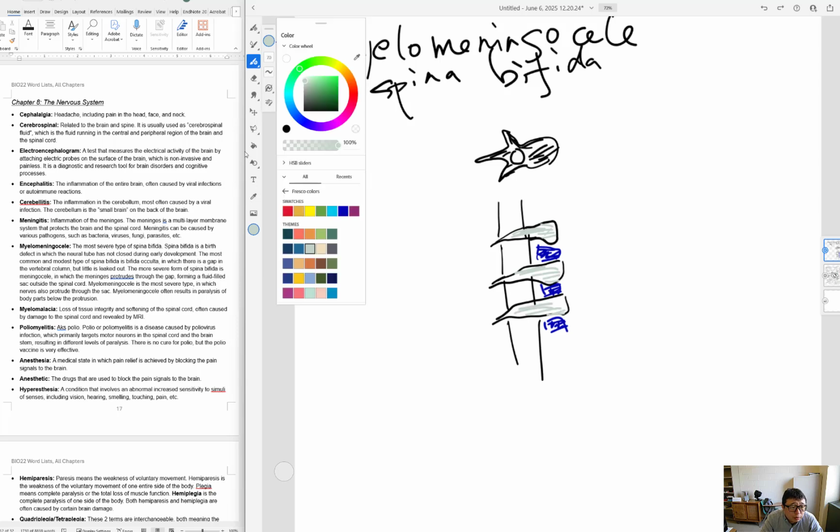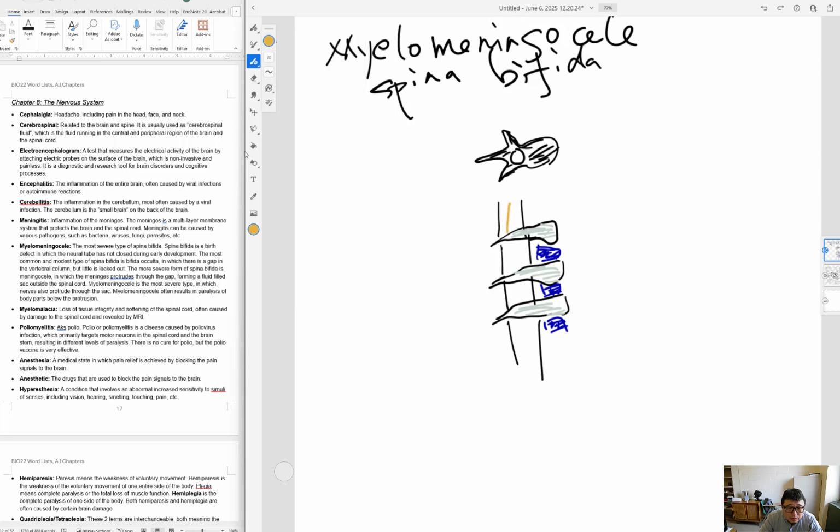The nerves run through like this, and these nerves are enclosed by a membrane. Not only that, the whole spine is enclosed by a membrane, called the neural tube, to enclose everything. So where's the membrane?